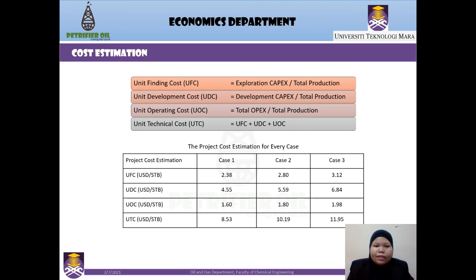The cost estimation can be divided into four: unit finding cost, unit development cost, unit operating cost, and unit technical cost. Based on the table below, it shows the project cost estimation for each case. We can see that case 1 shows the lowest UTC value, which indicates less cost incurred to produce oil.